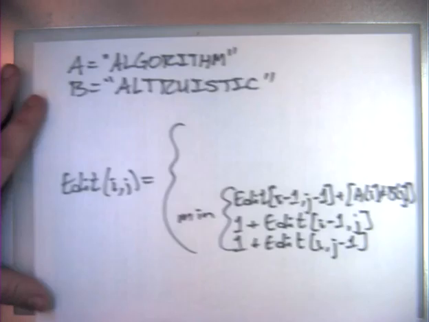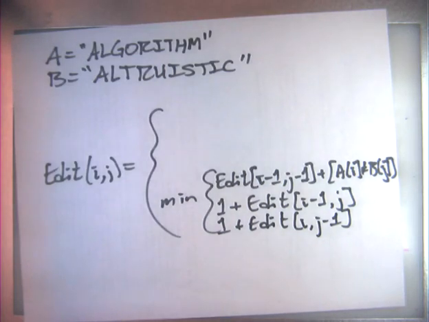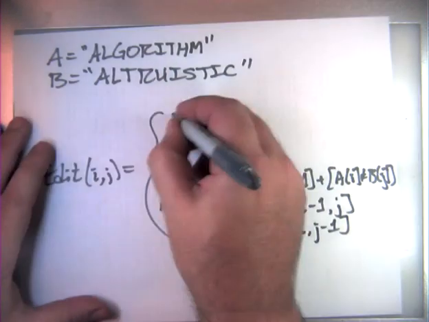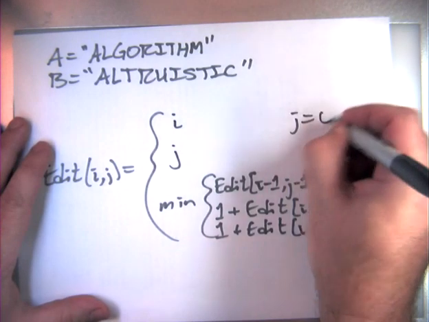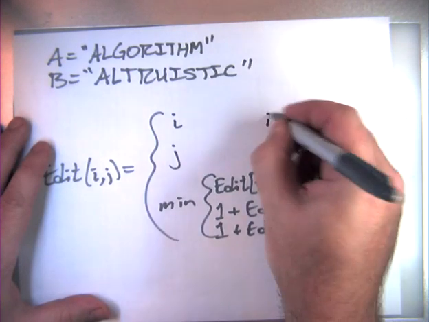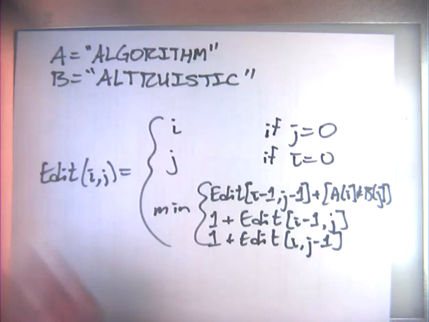So this is the bulk of the recurrence for computing the edit distance between two strings.